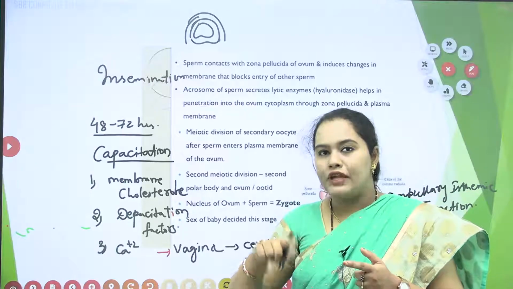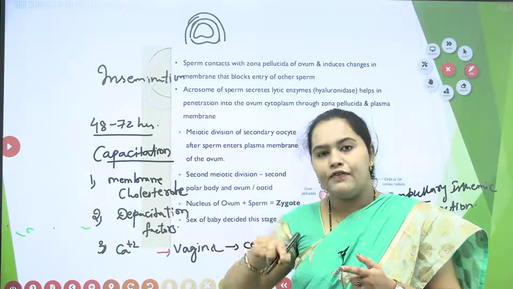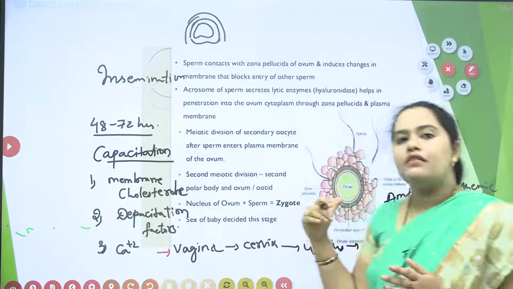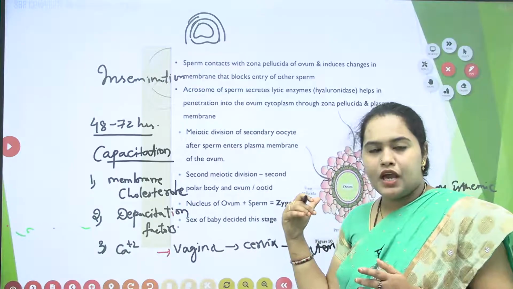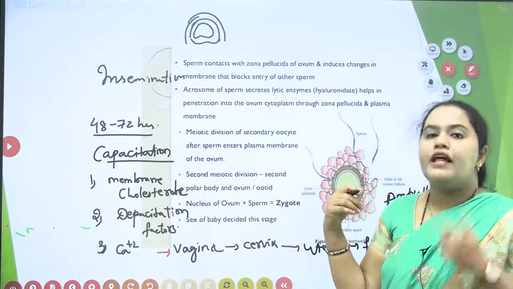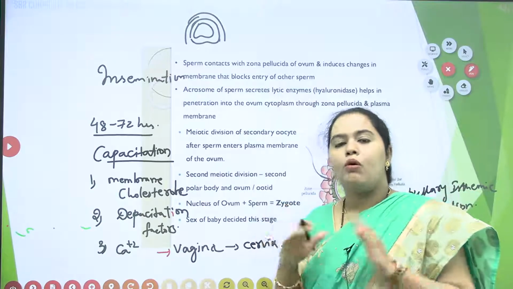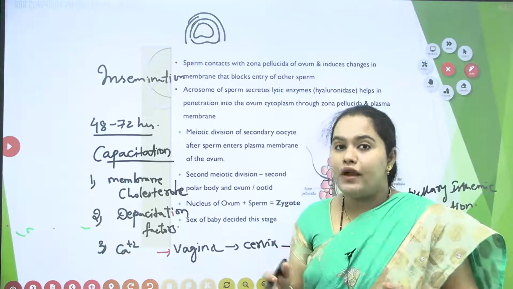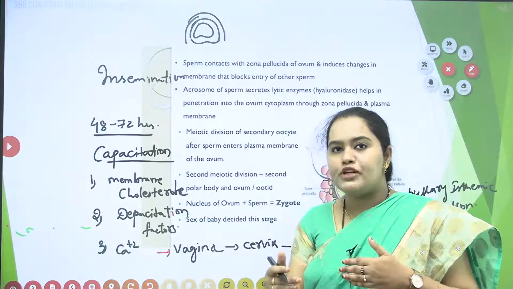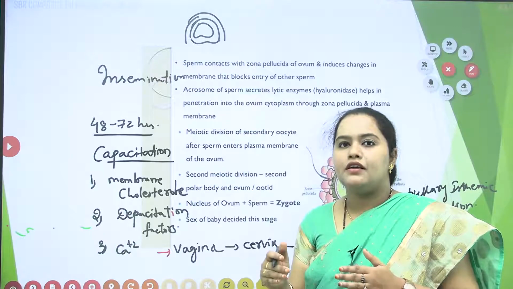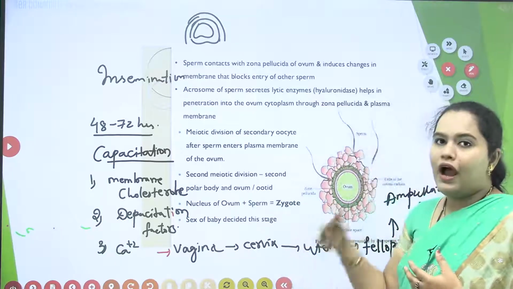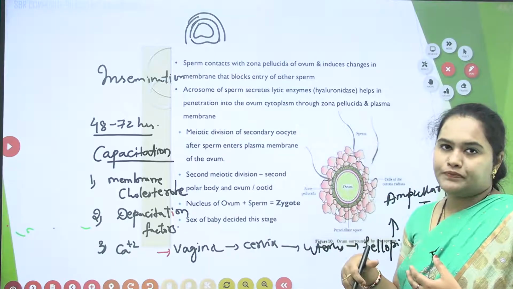So after the 14th day, even taking the 15th to 16th, after the 17th day there won't be anyone for fertilization. If copulation happens then, it will not lead to any pregnancy. That is why not all copulation or coitus will lead to pregnancy, because the movement of the gametes should be simultaneous. Together they should move, both the ova and the sperms.